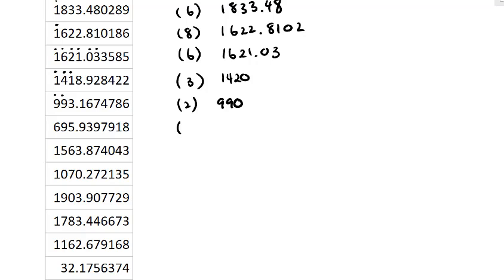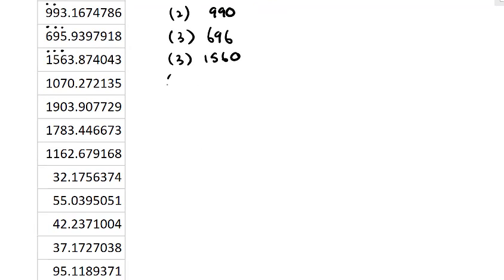Okay, let's do this one to 3 significant figures, 1, 2, 3. This one's going to round it up, so it's closest to 696. Let's do this one to 3 significant figures, 1, 2, 3, rounds down, 1560. Let's do this one to 3 significant figures, so 1, 2, 3, so the answer is 1070.